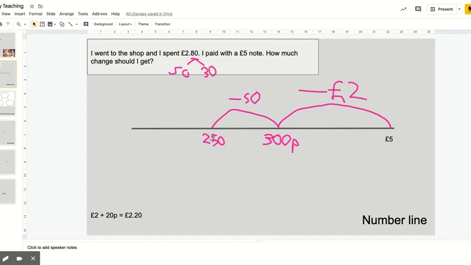Taken away the 50, and I'm going to take away the 30 as well now. So 250, take away 30, would get me 220.